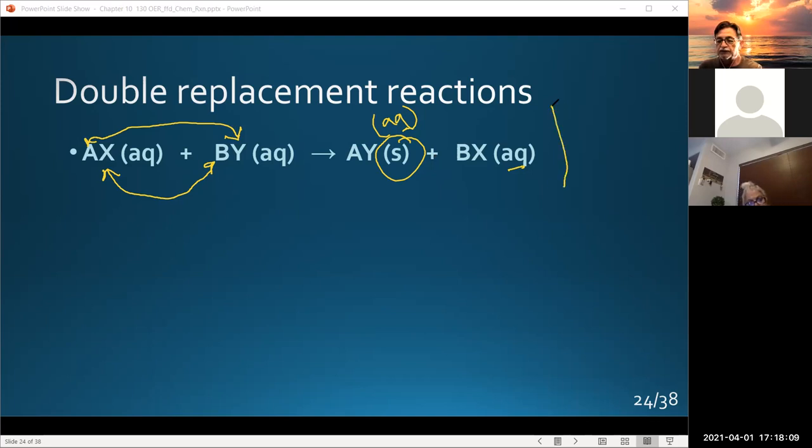The point is, to know if this reaction is going to go, we simply exchange partners, but then we look at the products only to determine whether the reaction proceeded, because we know that the reactants are both going to be soluble, both aqueous solutions. It is the products that we're concerned about. If any one of these is insoluble, then we have a reaction. If they're both soluble, then no reaction.